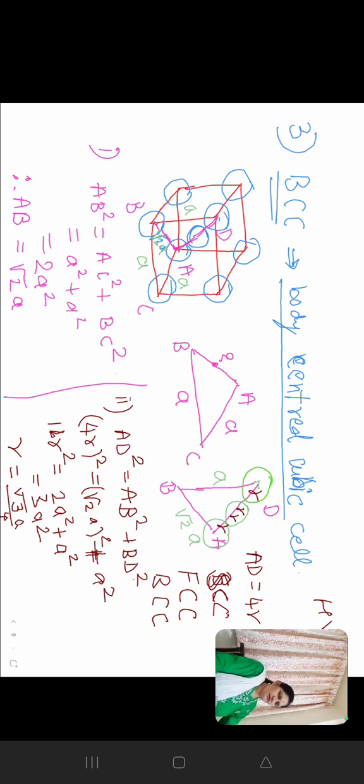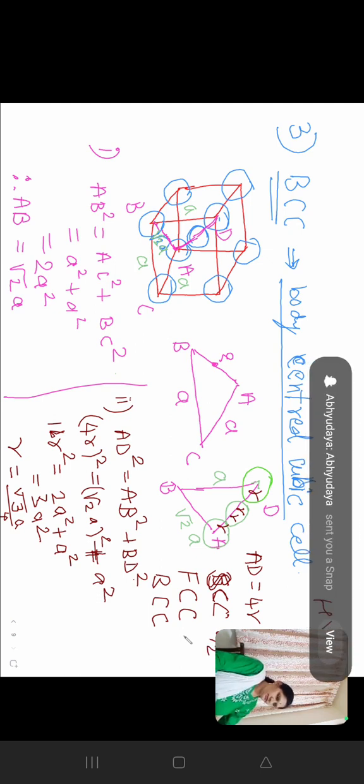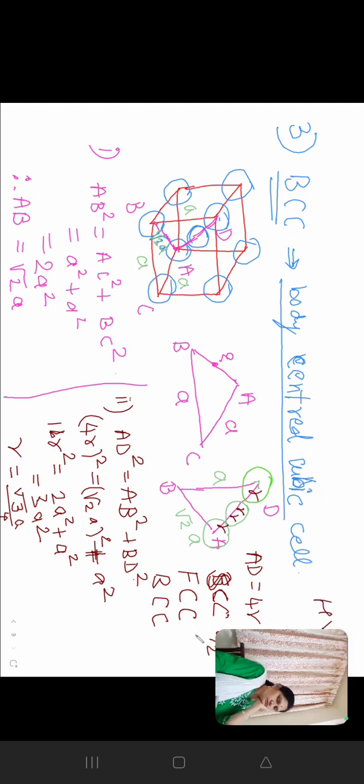In SCC, it is a by 2. In FCC, what is that? A root 2 by 4. And in BCC, a root 3 by 4. Correct. Your table is ready here itself.